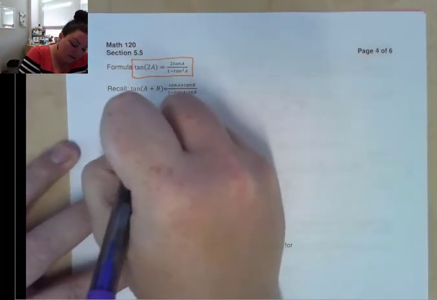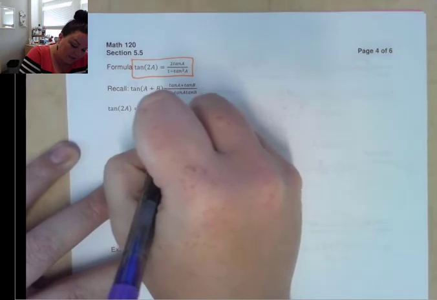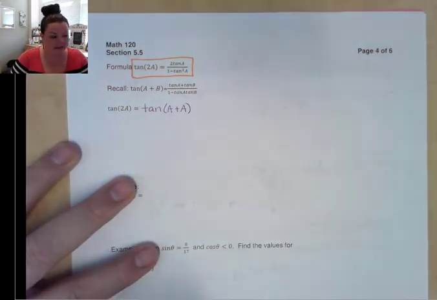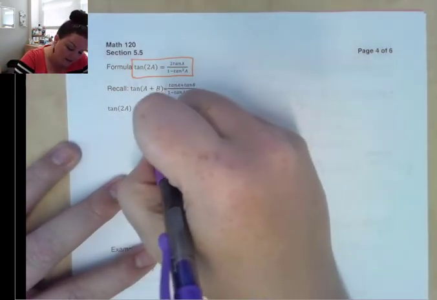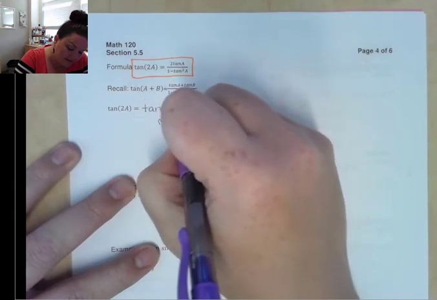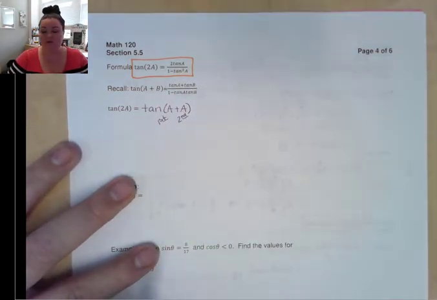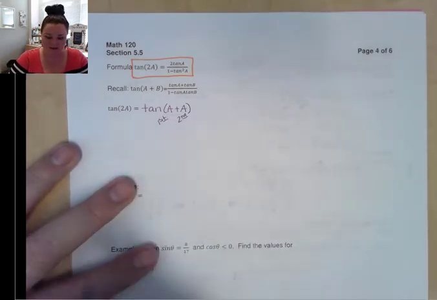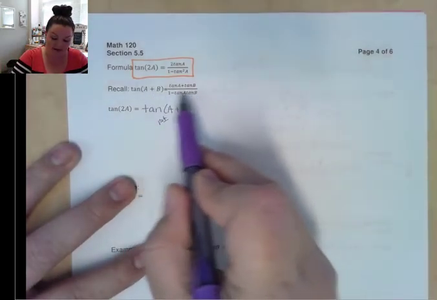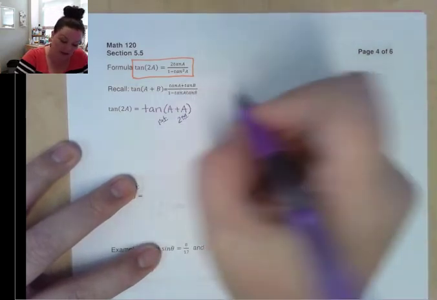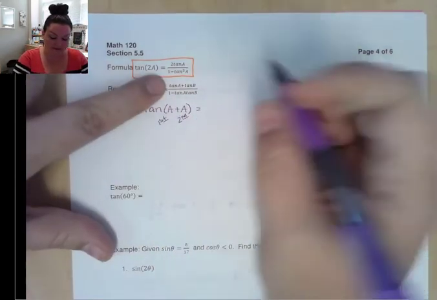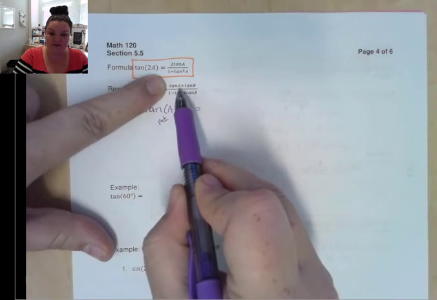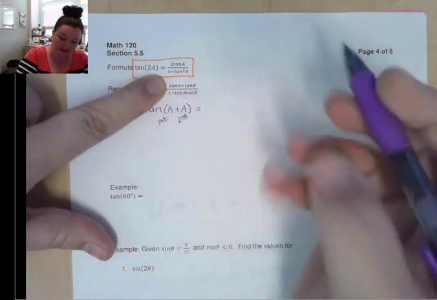So we're going to go ahead and write this as tangent of A plus A. Now that we have it written as A plus A, this is my first angle, this is my second angle. So no matter where it says to plug in an A or a B, I'm basically plugging in an A. So when I plug these 2 A's into my tangent sum formula up here, it says to do tangent of the first angle plus tangent of the second angle.